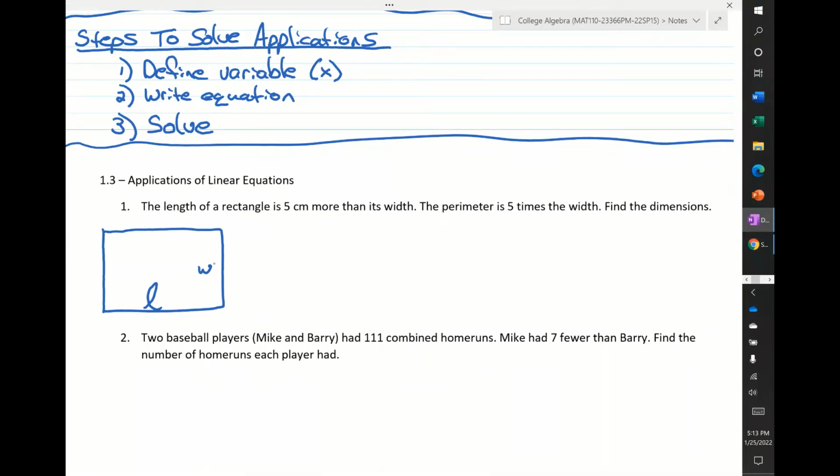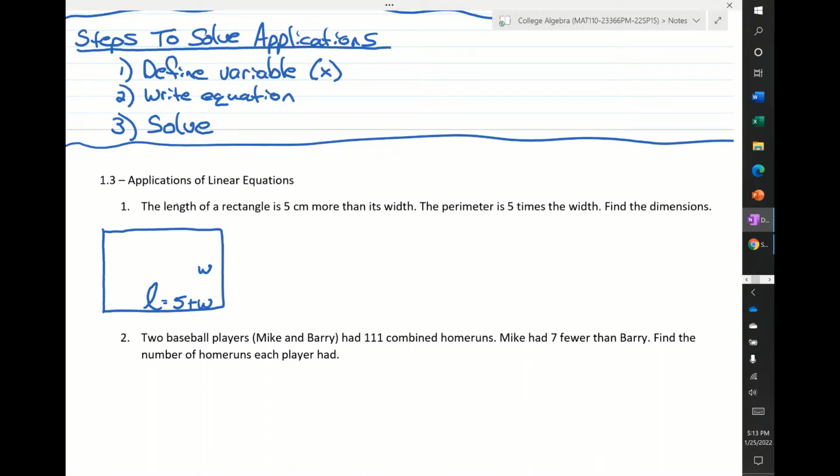So we'll define our variables. L means length, W means width. And if we know that the length is 5 more than the width, that means whatever the width is, the length is 5 more than that. The length equals 5 plus W. That's how we convert English to math.